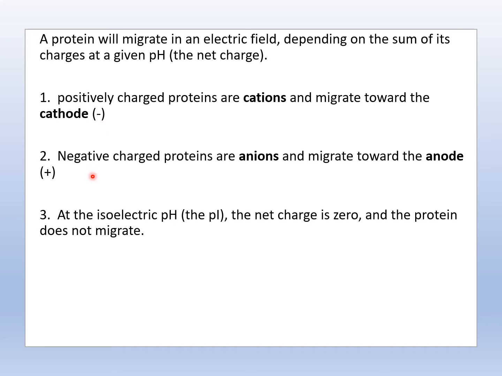The negatively charged proteins are known as anions, and they tend to migrate toward the anode, or the positively charged field. At the isoelectric pH, the net charge is 0, and the protein does not migrate at all.